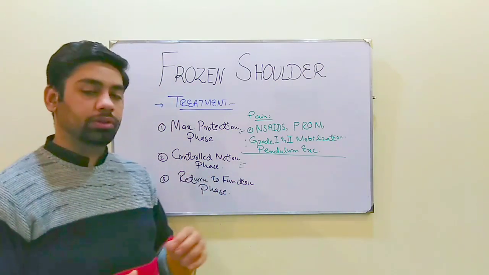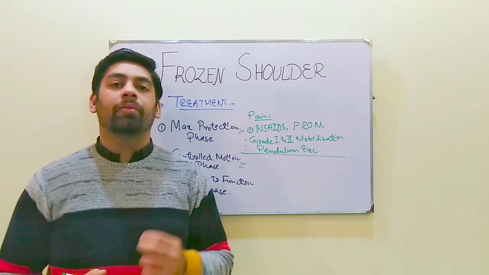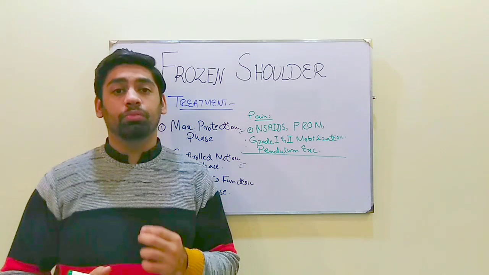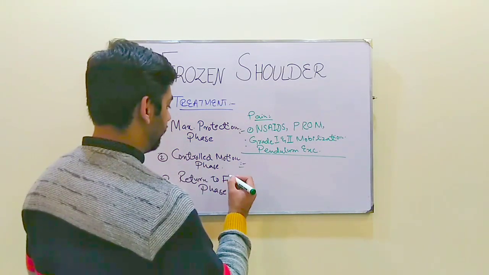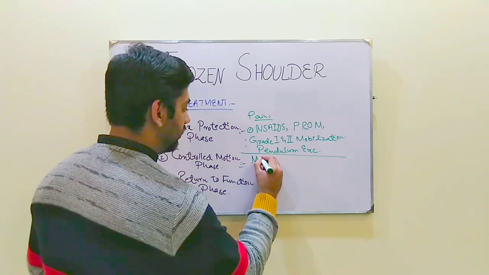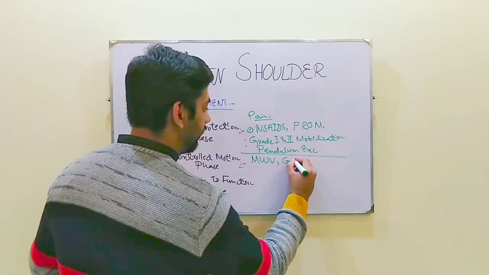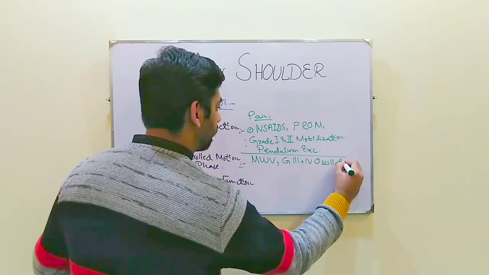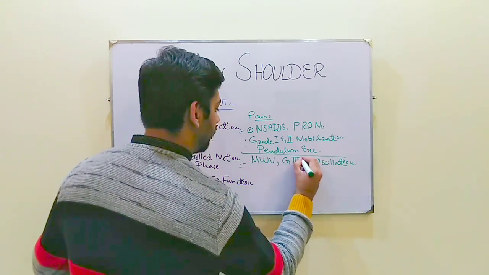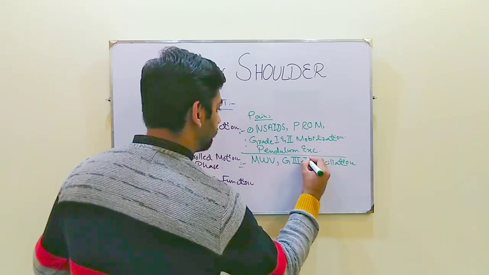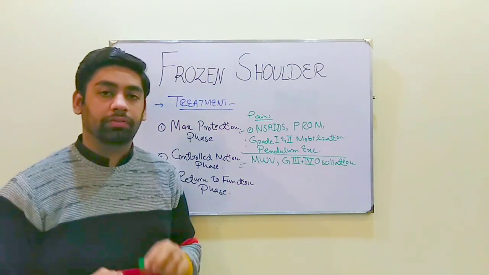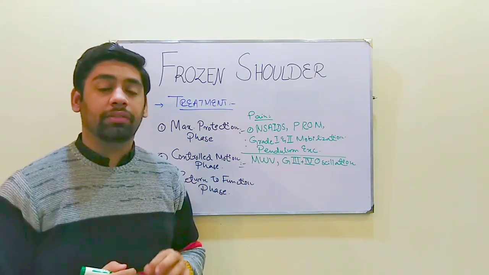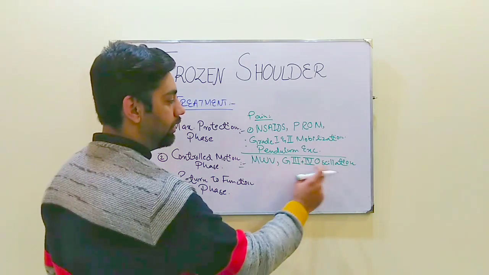Now talking about the controlled motion phase, which is the next phase. During this phase, we can perform grade 3 and 4 oscillations and mobilization with movement.